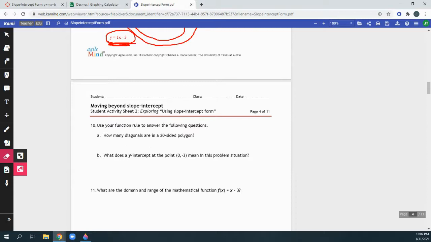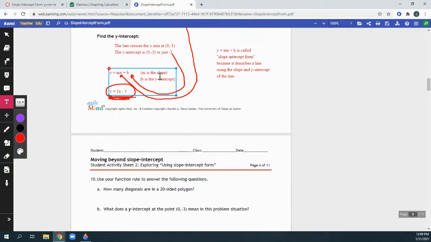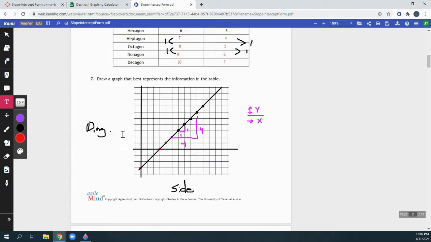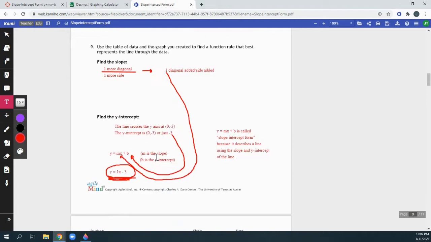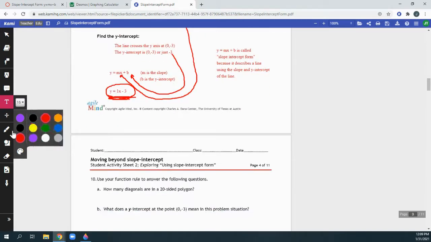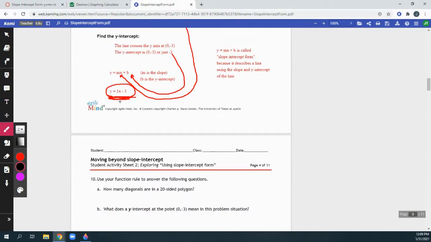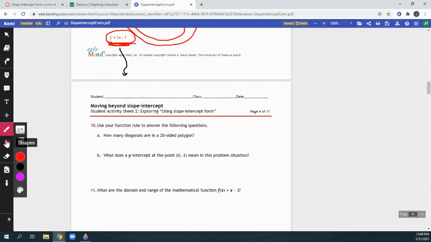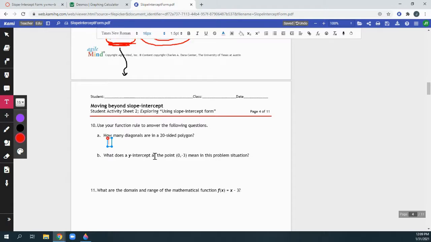What if there are 20 sides? And I can use this function to figure out what y represents. Well, y represents how many diagonals there will be. X represents how many sides there will be. So I can just use this formula I just found to solve this problem.